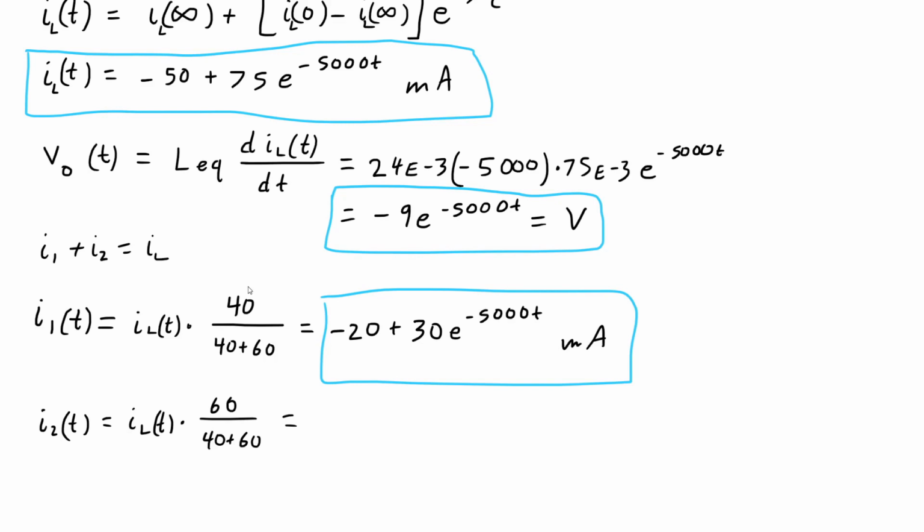But let's see. What's 60% of 50? That's minus 30. And I'll just do the other one in my head because 75 minus 30 is 45. So 45 e to the minus 5,000 t milliamps.